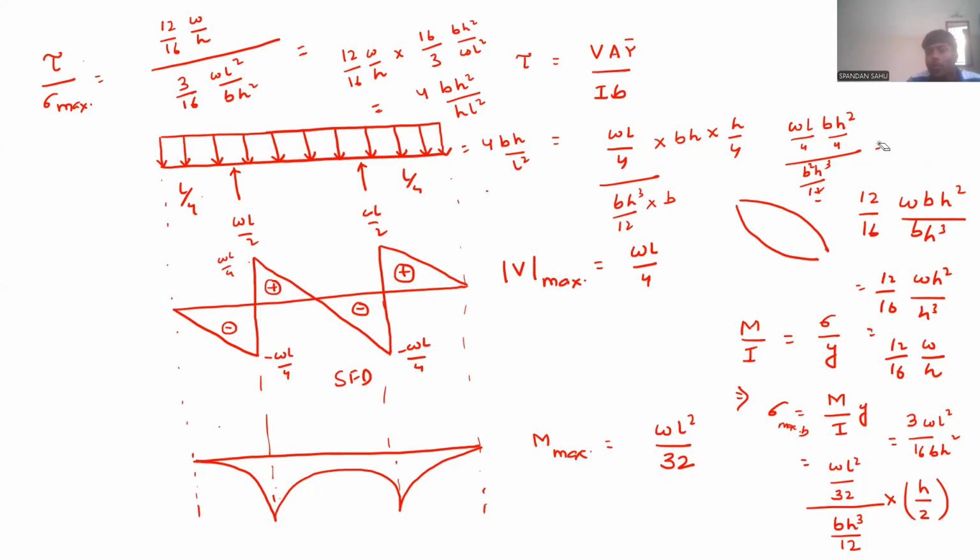Just simplify this tau equation once more. I think we have missed this W part.